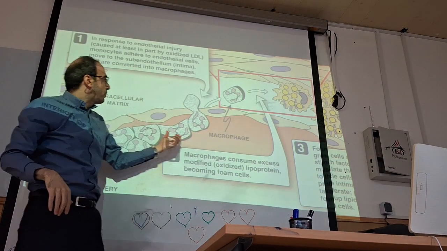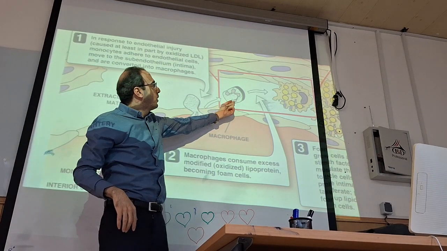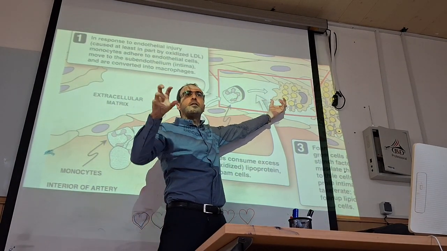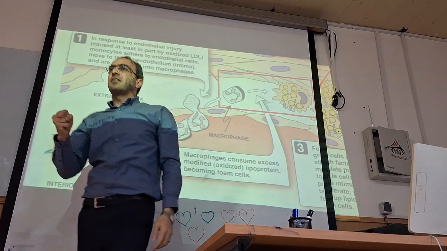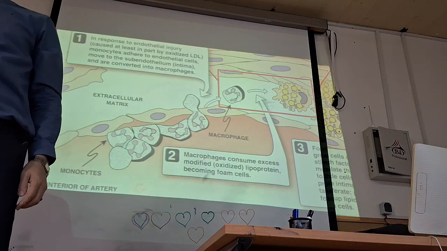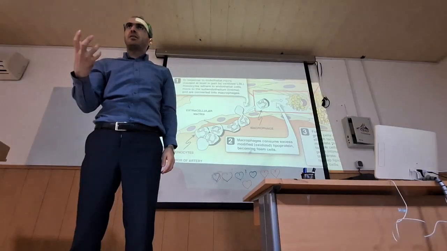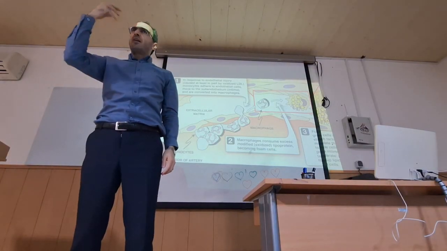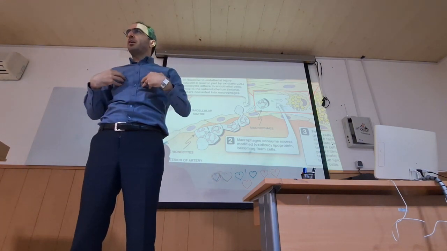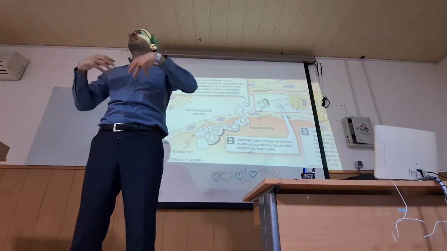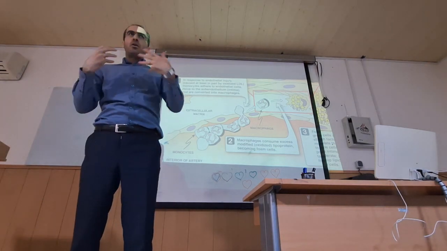Then these macrophages start to eat this oxidized LDL, because this oxidized LDL acts like a xenobiotic. You know what a xenobiotic is? Extra material which comes from the environment to our body, and our body detects it as an invasion, like a parasite.